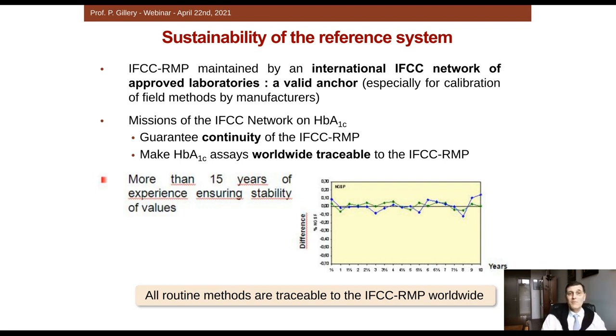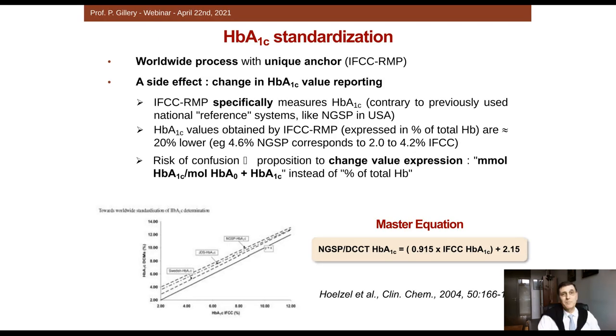Now, we can see that after 15 years of experience, there is a good stability of values. And now, all routine methods are traceable to the IFCC RMP worldwide. This HbA1c standardization is a worldwide process with unique anchor.